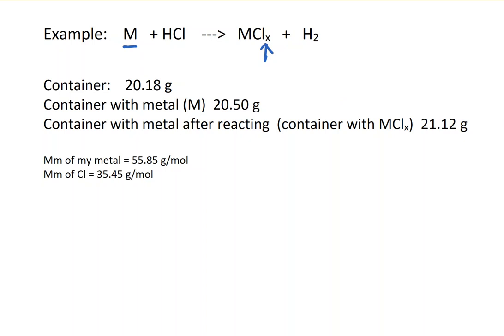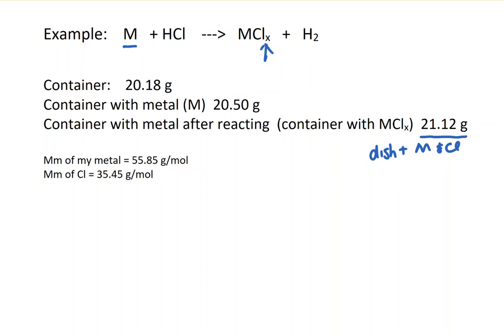That's pretty straightforward. After it reacts, this is going to be the container with the metal and the chlorine. So it's the dish plus the metal and the chlorine.